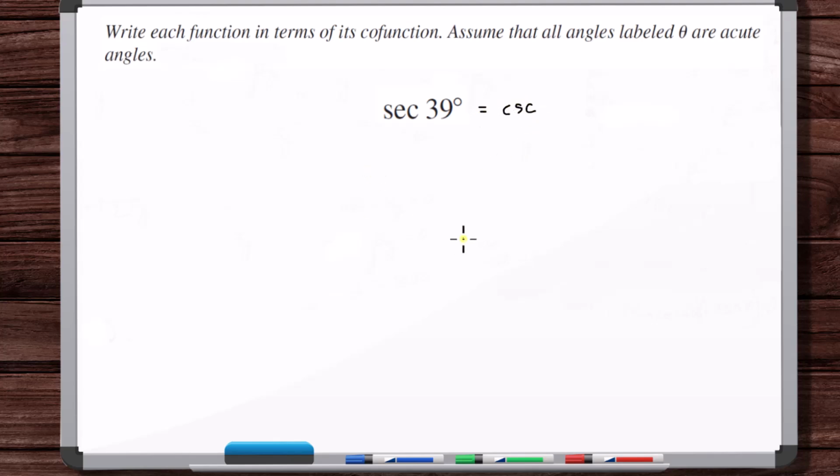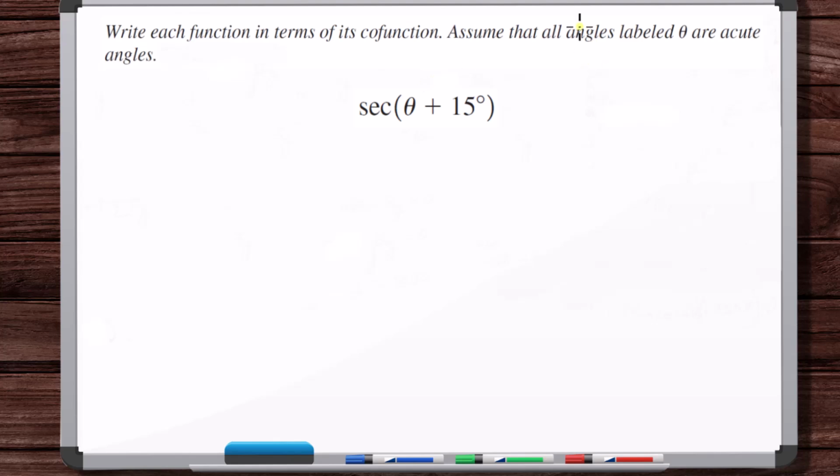What is 90 minus 39? So 90 minus 40 is 50, so this would be 51. Okay, its cofunction pair is cosine. So let's see, 90 minus 38.7, so 51.3.